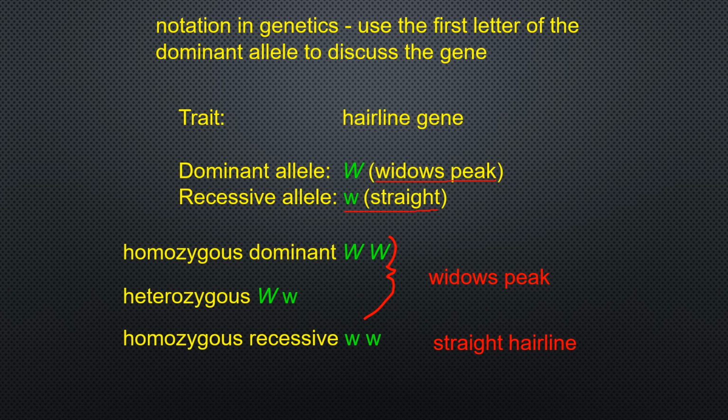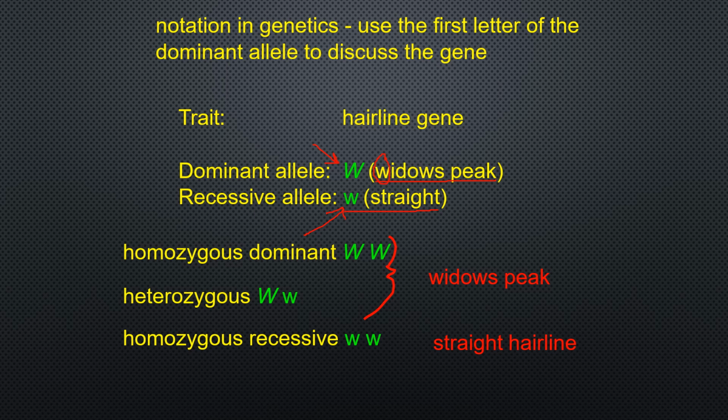According to this notation, we take the first letter of the dominant allele, which is the W, and we write that as a capital W. And by default, the recessive allele, which is the straight hairline, gets the lowercase letter, so a lowercase w.